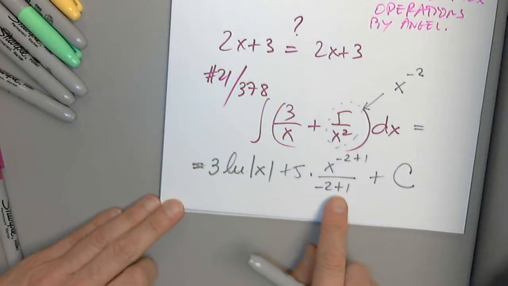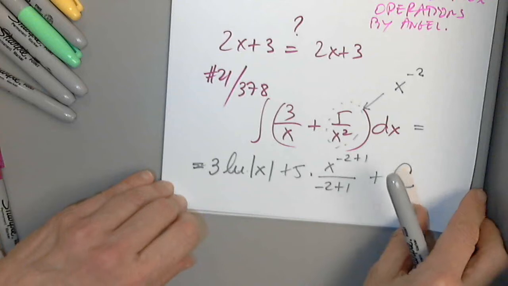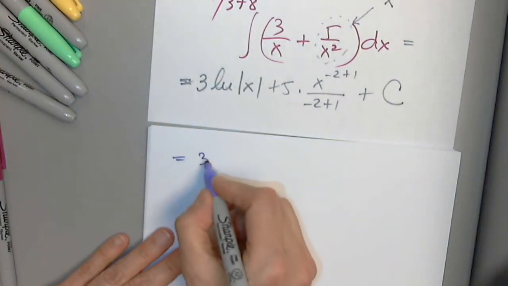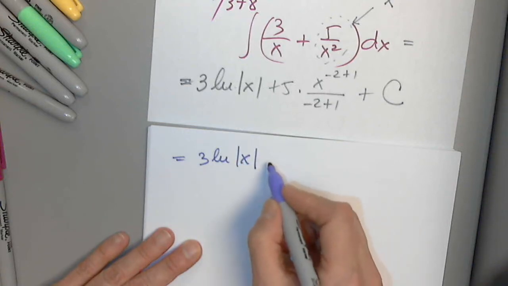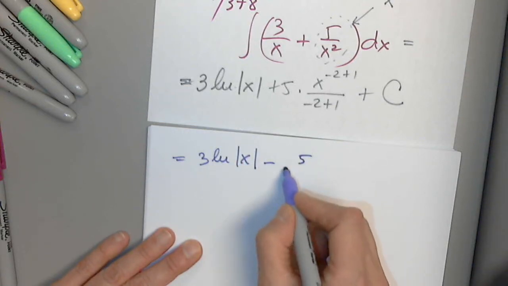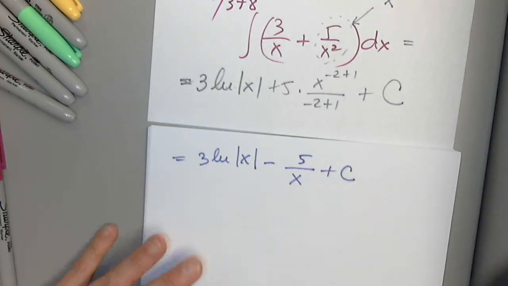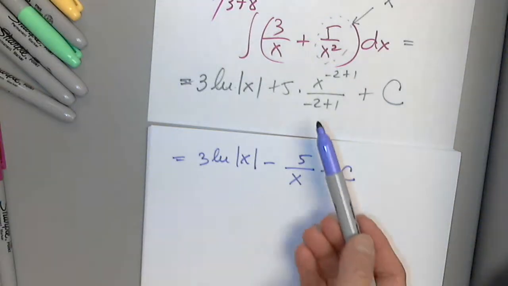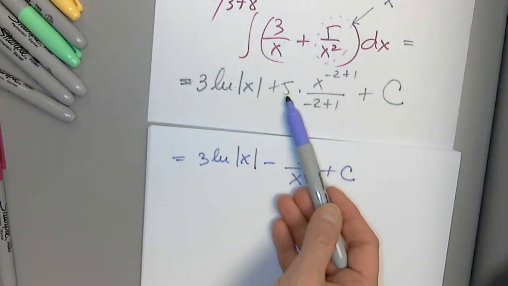How much is negative 2 plus 1? Good. So then this becomes 3 natural log the absolute value of x minus 5 over x plus a constant c. Because this is x to negative 1, it goes to the denominator. This is negative 1 times 5.